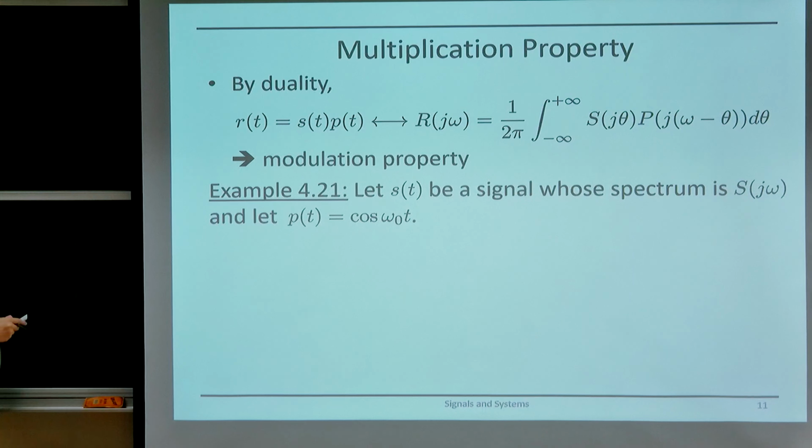So for example, if p of t is just some sinusoid which originally goes from 1 to minus 1, but you multiply it with s of t that takes on some shape, then this sinusoid no longer has amplitude 1 and minus 1, but instead has an amplitude that varies according to s of t.